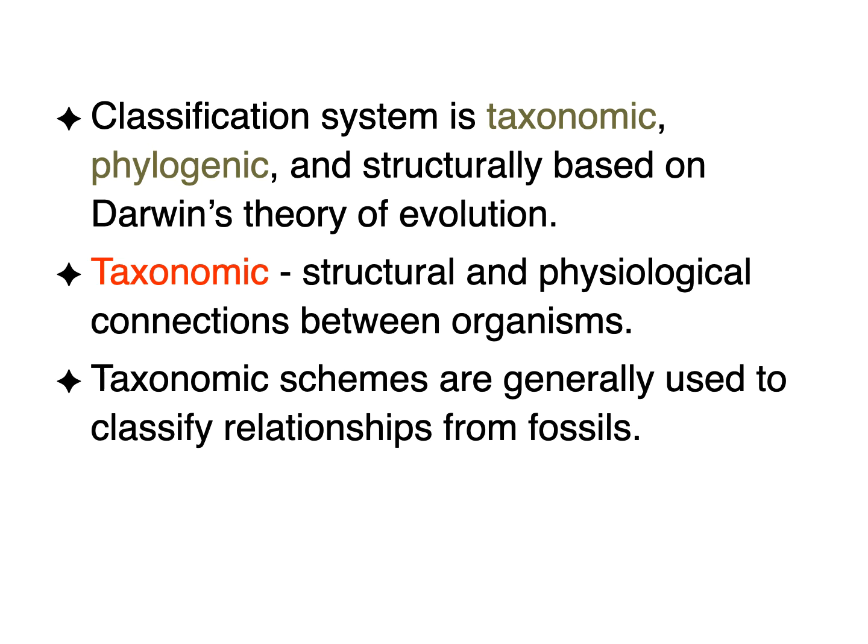Now, modern-day classification systems are both taxonomic and phylogenetic, and are structurally based on Darwin's theory of evolution. Prior to the invention of genetic sequencing, which is a few decades old now, most of the classification of organisms was done taxonomically.